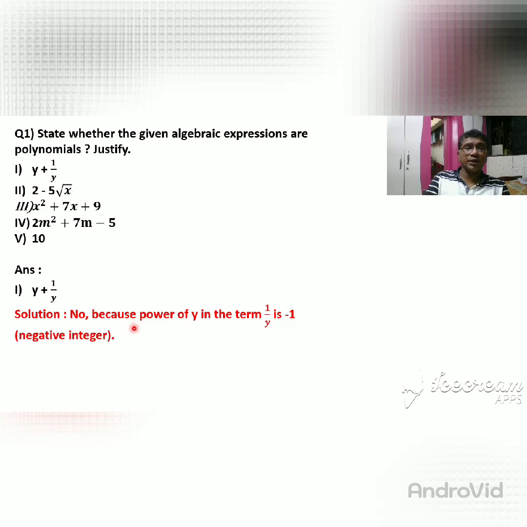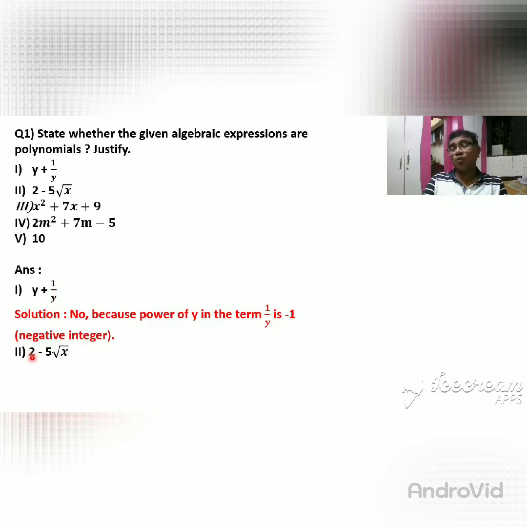So it is not a polynomial. I have already justified that when you say polynomial, if the index is 1 and positive, then it is a polynomial. But here the index is 1 but negative, so it is not a polynomial.